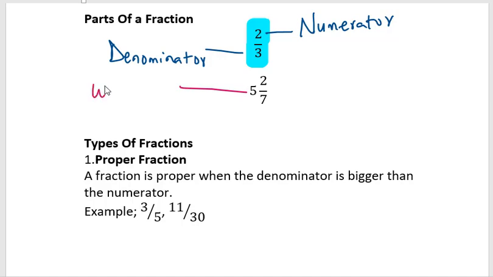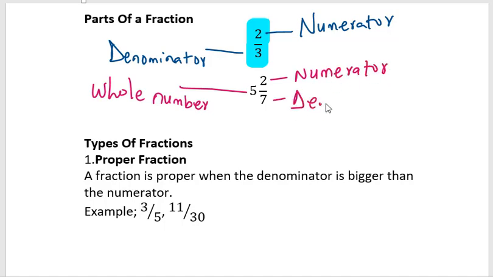This one is called a whole number. The numerator remains the numerator, like we said, and the other one is the denominator. So this is 2/3, and this is 5 whole number 2/7. This is how we pronounce them.